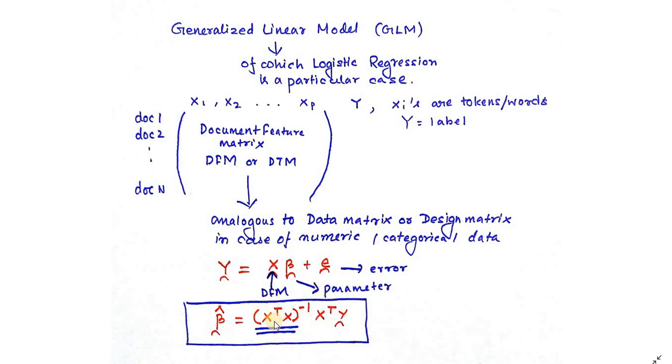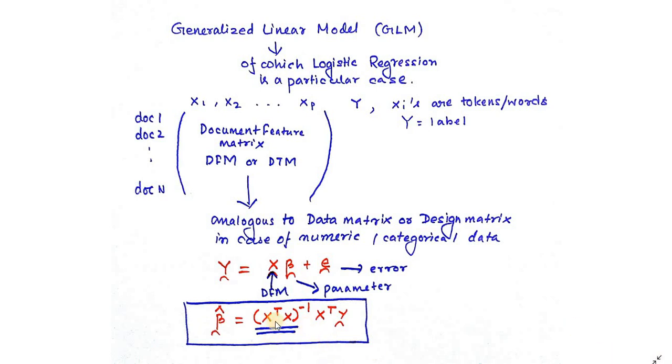There's an inverse of a certain matrix which is being calculated in order to arrive at this parameter estimate. And the matrix of which the inverse is calculated is basically the product of two matrices, the transpose of the document feature matrix times the document feature matrix. So we are doing this matrix product and then calculating the inverse. This is the quantity involved in calculation of the parameters.